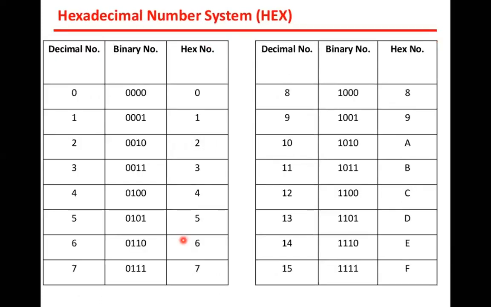Now, again, we are comparing the decimal, binary, and hexa. We have not shown the octal here. So just see that these are the plain decimal numbers, this we have already studied as the binary number, and this is the hexa number.